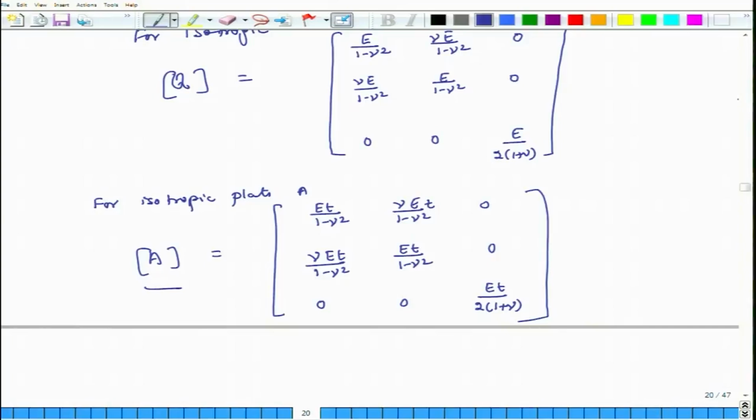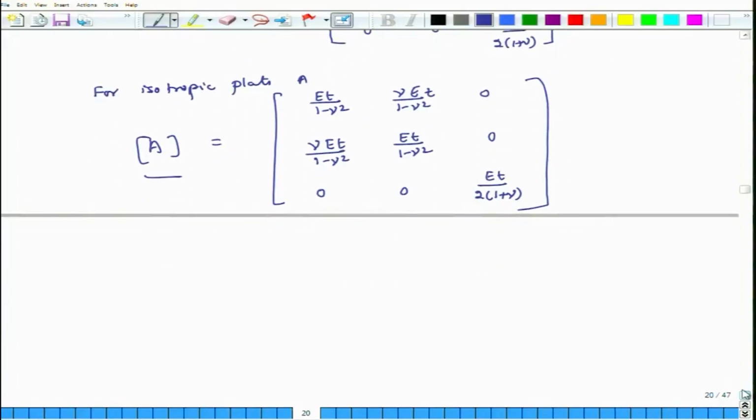What we want is a lamination sequence where the matrix looks something like this, okay.